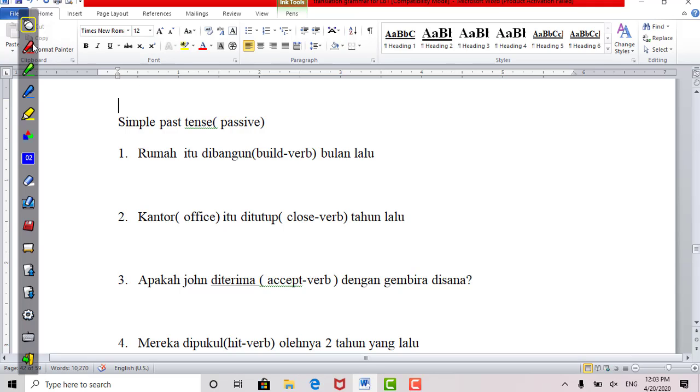The things that you have to remember is we have dibangun, built. This one is still verb 1. We have to change it to be verb 3. The verb 3 is built. Why built, sir? Because this one is an irregular verb. So the house.